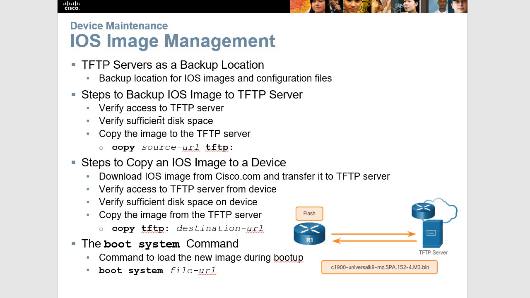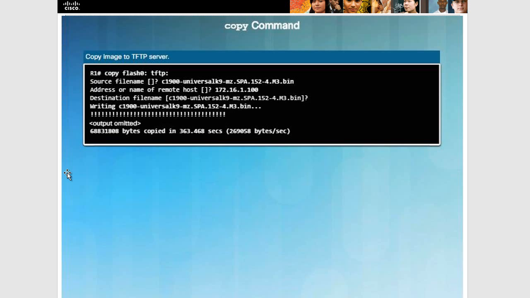Then you're just going to do a copy, and then the name of the location you're copying from, whether it's flash 0 or whatever it is, then TFTP : and it's going to look like this. So like copy flash 0 : TFTP : you press enter, you've got a source file name it'll ask for.